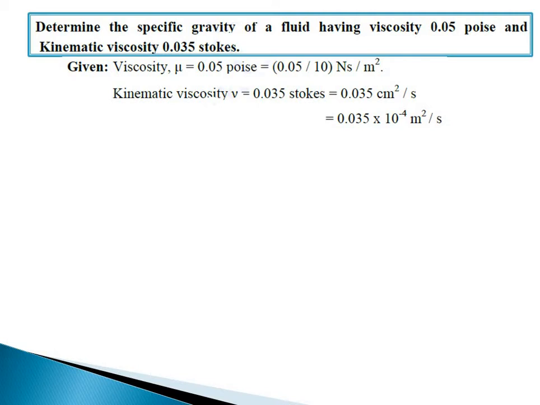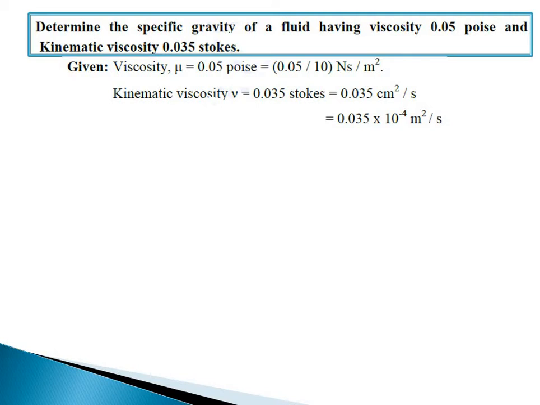Initially convert the viscosity into Newton second per meter square. We know that 10 poise is 1 Newton second per meter square. So mu is 0.05 divided by 10, that is 0.005 Newton second per meter square.